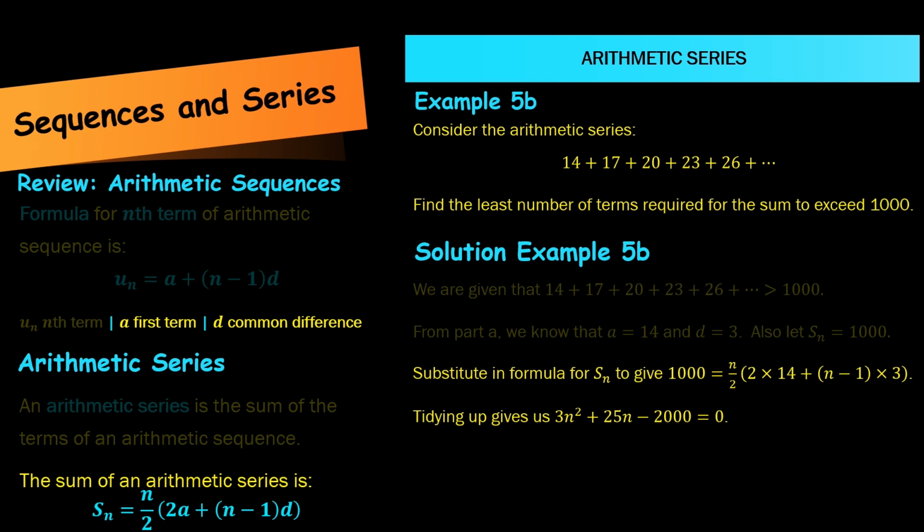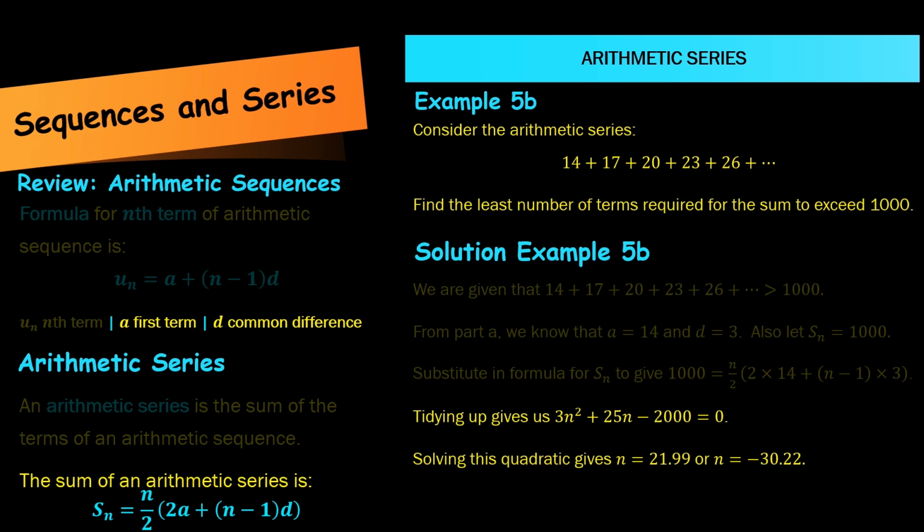If we tidy up and rearrange and multiply through by 2, we obtain this quadratic, 3n squared plus 25n minus 2000 equals 0. And solving this quadratic gives us two roots, n equals 21.99 or n equals minus 30.22.